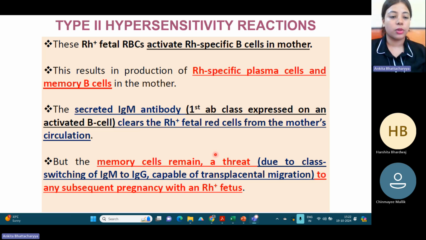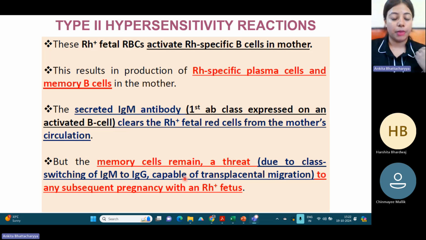Why? Because class switching will occur from IgM, which is normally expressed, to IgG, which is capable of transplacental migration. Again, if you don't already remember it, we had discussed certain antibody subtypes which are able to move from one location to another. We had talked about secretory antibodies, we had talked about transplacental migration, etc. We'll again be brushing over it today itself if time permits.